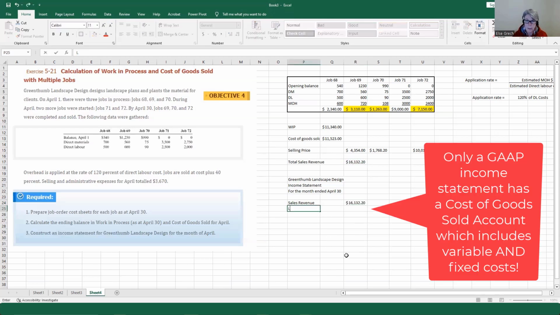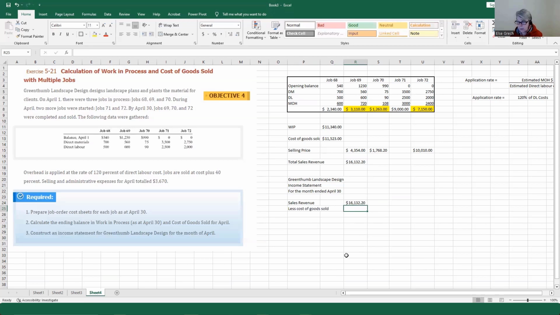Less cost of goods sold, which we already have right here. This is going to be equal to gross margin or gross profit. We can use those two terms interchangeably.